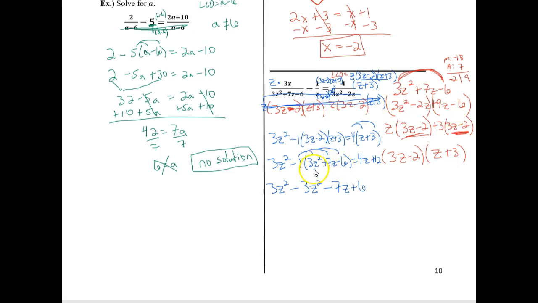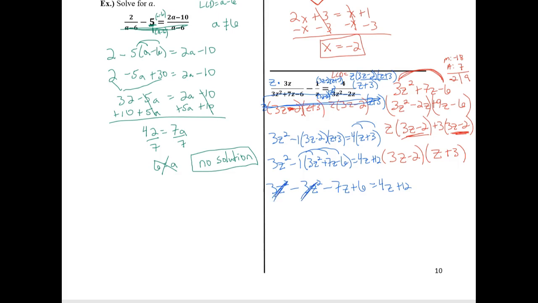All of these signs changed. Was positive, now negative 3z squared. Was positive 7, now it's negative 7. Was negative 6, now it's positive 6. And that will equal the 4z plus 12. I know 3z squared minus 3z squared is 0.